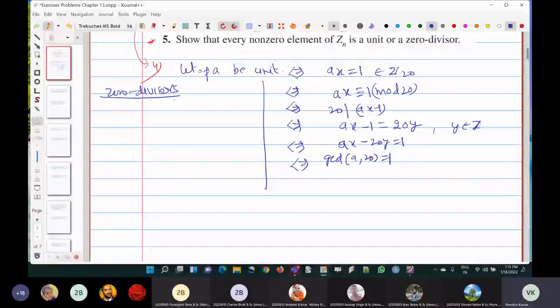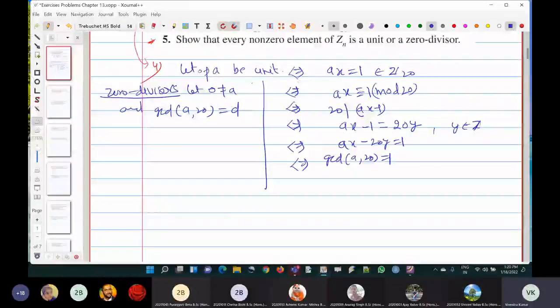Okay, so let us see about zero divisors. Let a be non-zero, and let the greatest common divisor of a and 20 be d.